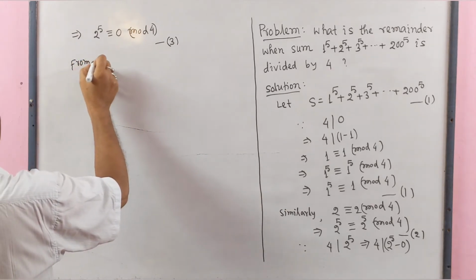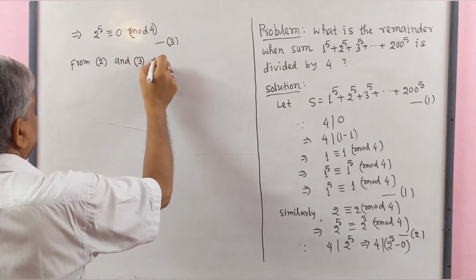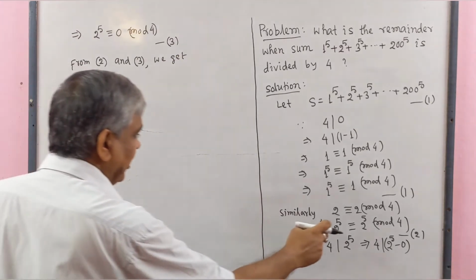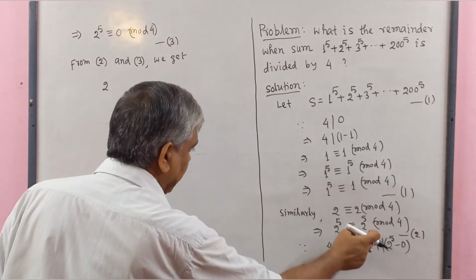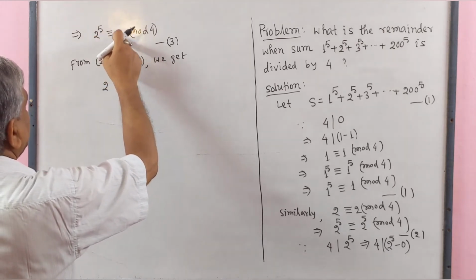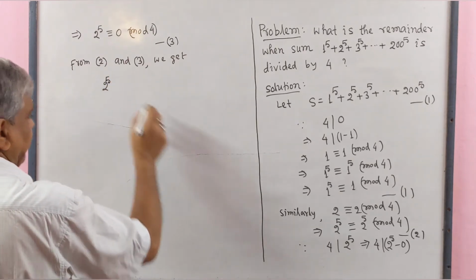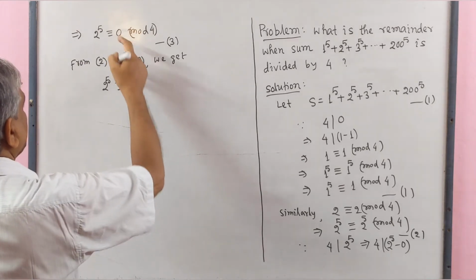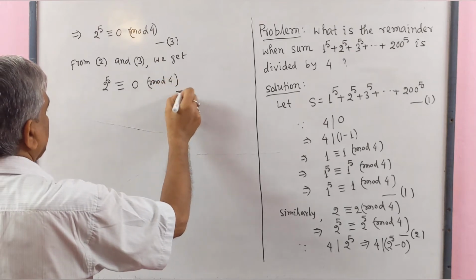From 2 and 3, we get 2 to the power 5 congruent to 2 to the power 5 modulo 4 here, and here 2 to the power 5 is congruent to 0 modulo 4. That means 2 to the power 5 is congruent to 0 modulo 4. This is number 4.